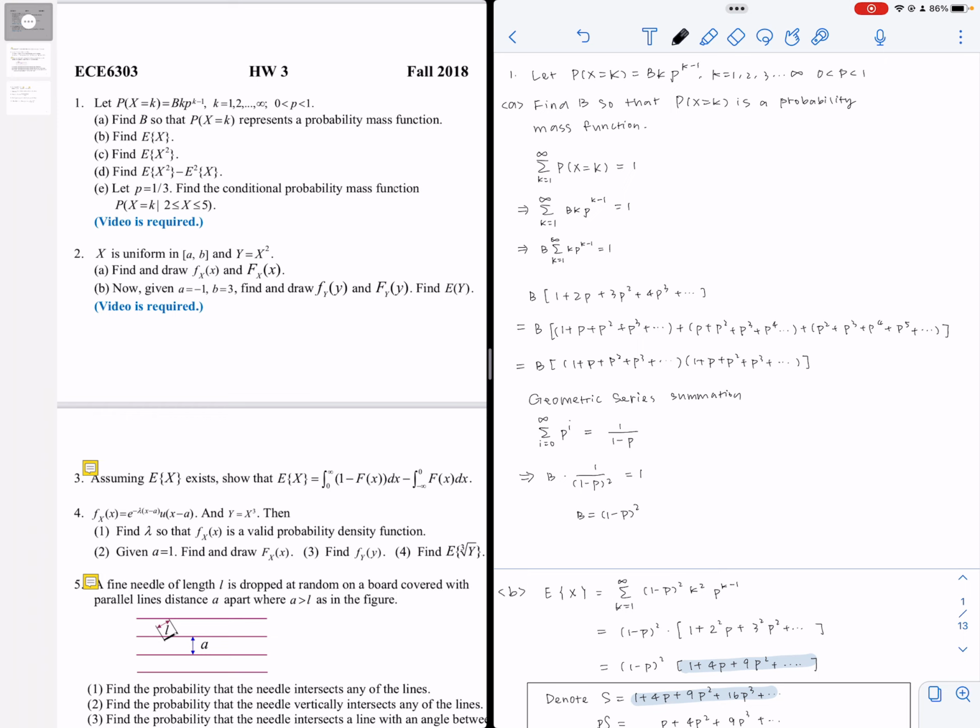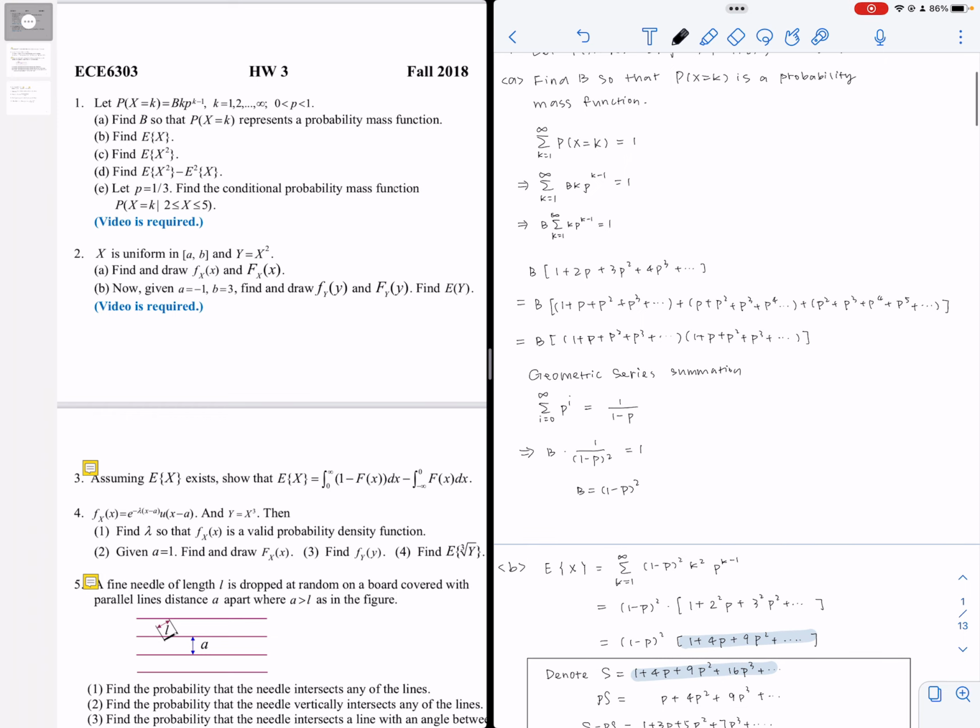And pretty much we can break this into two geometric series multiplying each other. So pretty much this is 1 plus p plus p squared plus p cubed, squared.